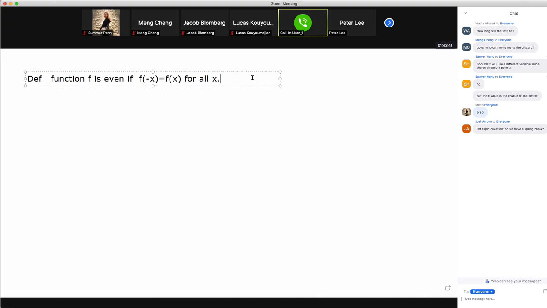But this is not just mentioning even and odd, I want you to generally understand these definitions. You have to learn how to read these definitions and exactly know what they mean.